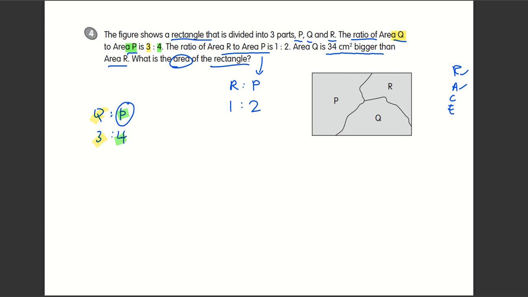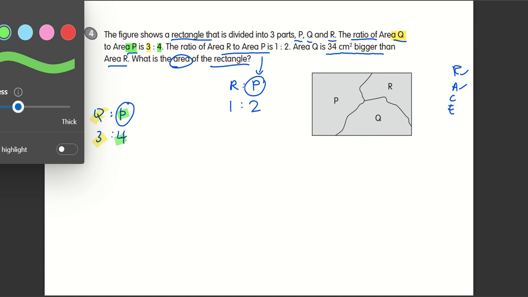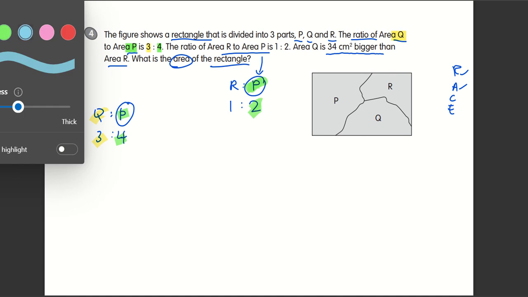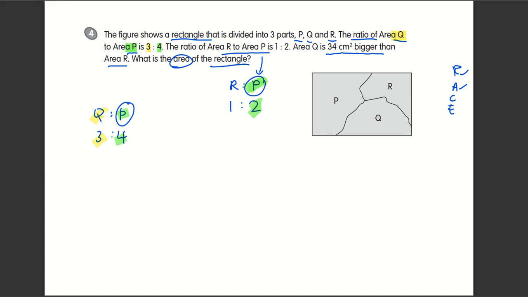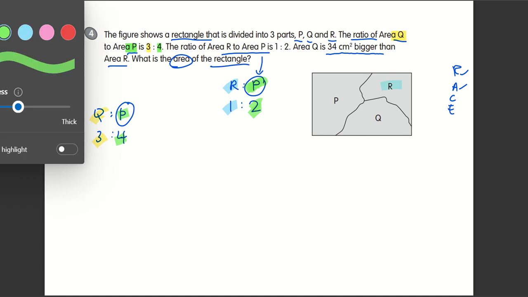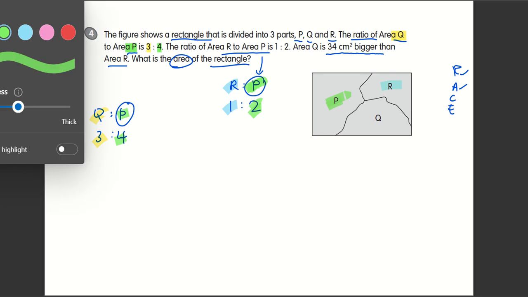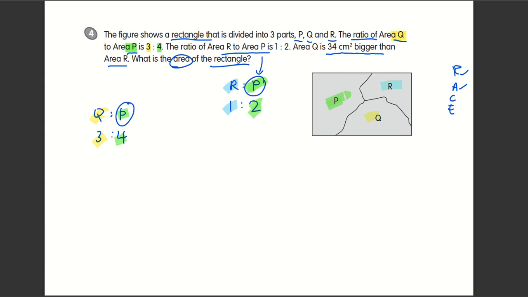So here we have the first part. There is Q is to P is 3 is to 4. Then you have P that happens here. I'm going to shade this in the same color, P, and then you have R is a different portion. Okay, so R is a different portion. P is the one that is used in reference to the other quantities.